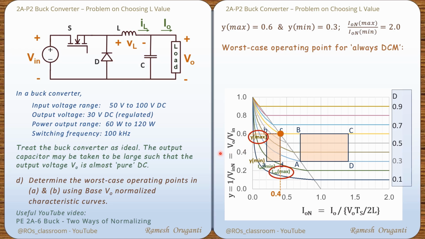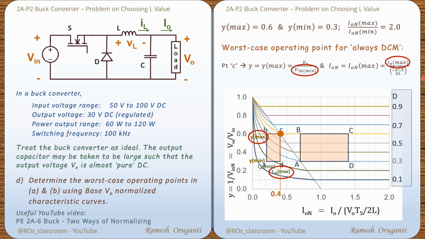ION maximum means the output current maximum. Y maximum means V in minimum. So the worst case operating point occurs at V in minimum and IO maximum. V in minimum is 50 volts, IO maximum is 4 amperes.